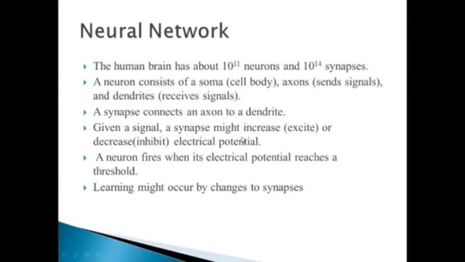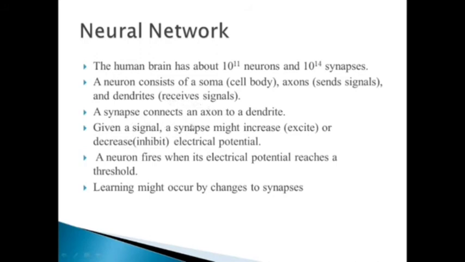The human brain consists of 10 to the power 11 neurons and 10 to the power 14 synapses. A neuron consists of the soma, which is the cell body, and axons and dendrites. The axon is used to send signals, and the dendrites are used to receive signals.